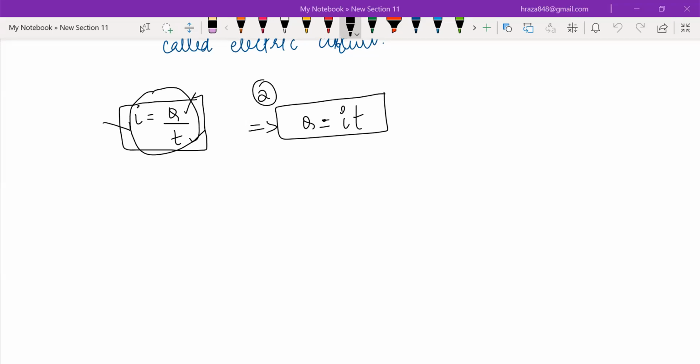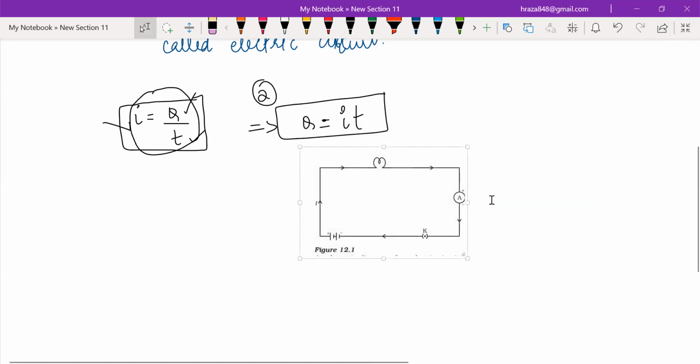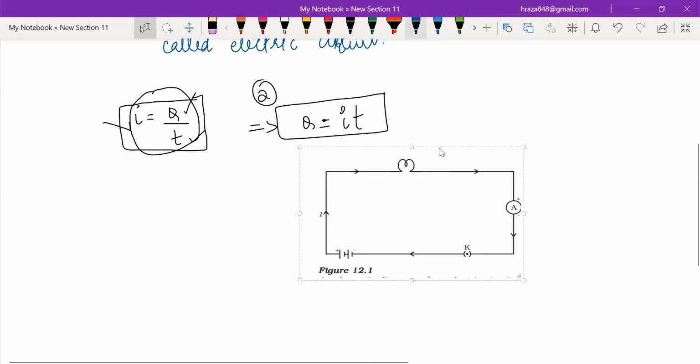I'm going to show you a diagram of a circuit from NCERT. So see, Azan, this is your battery.